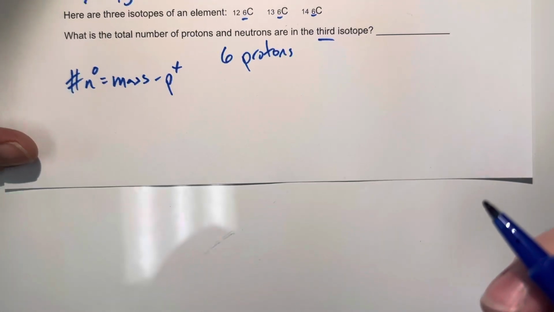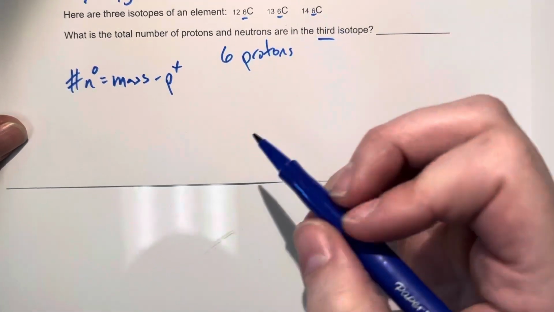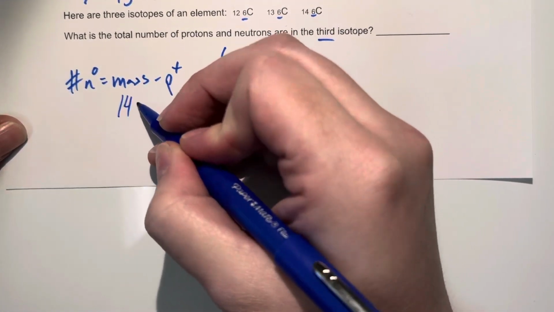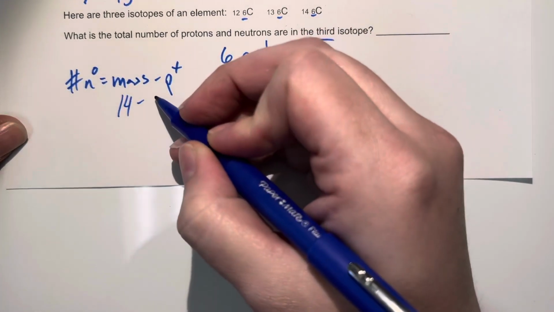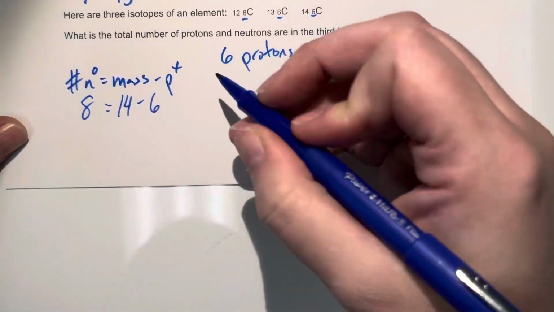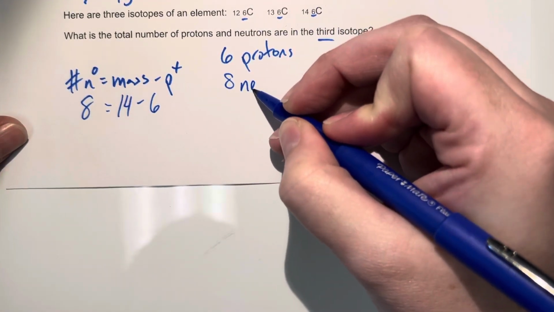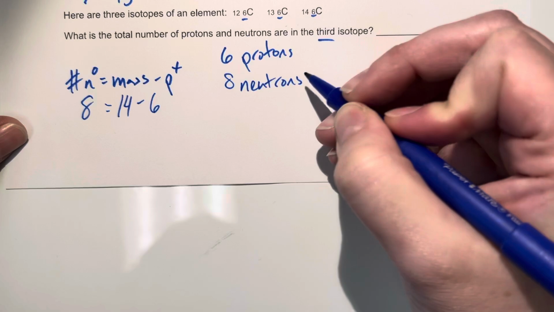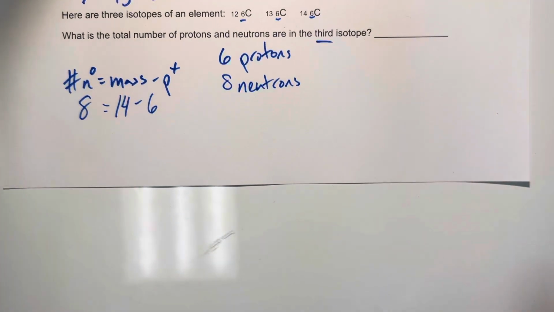My mass for my third isotope is 14, minus my number of protons, which was 6. So 14 minus 6 gives me 8. So I have 8 neutrons in that third isotope.